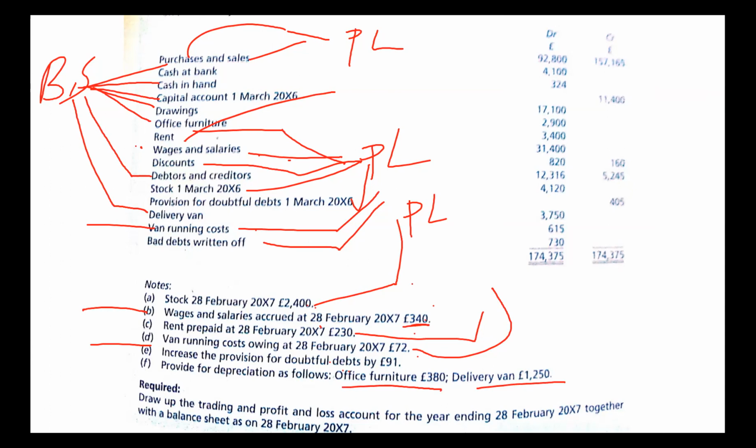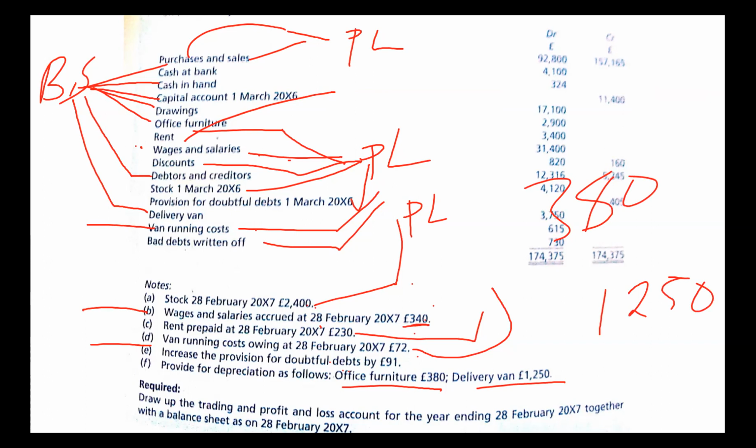What these depreciations mean is that the asset under concern, for example the office furniture, lost value during this particular period, from 1st March 2016 up to 28 February 2017. During that period, it lost the value of 380. That's the depreciation. Similarly, the delivery van also lost the value of 1,250 during that period.